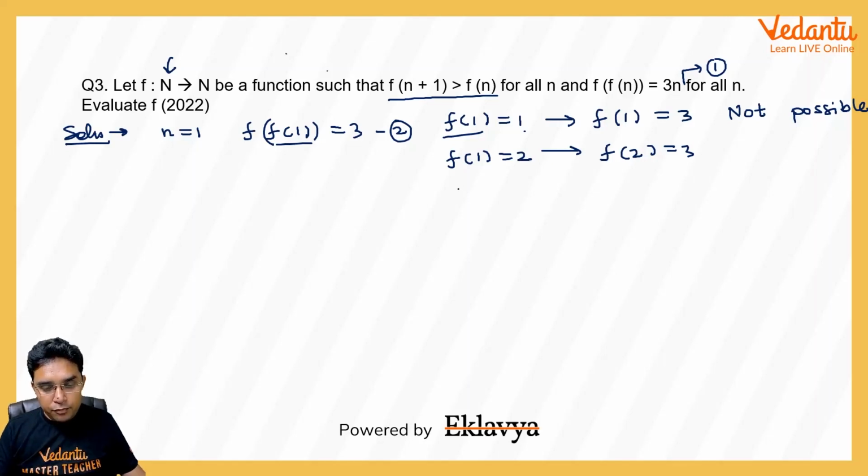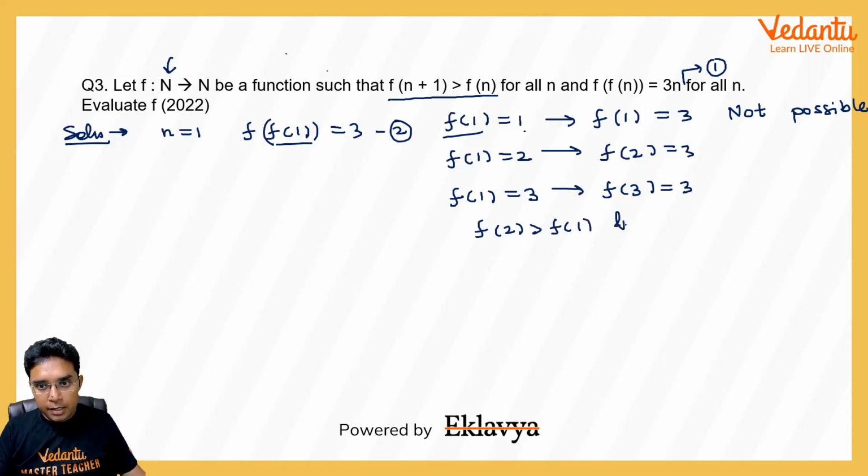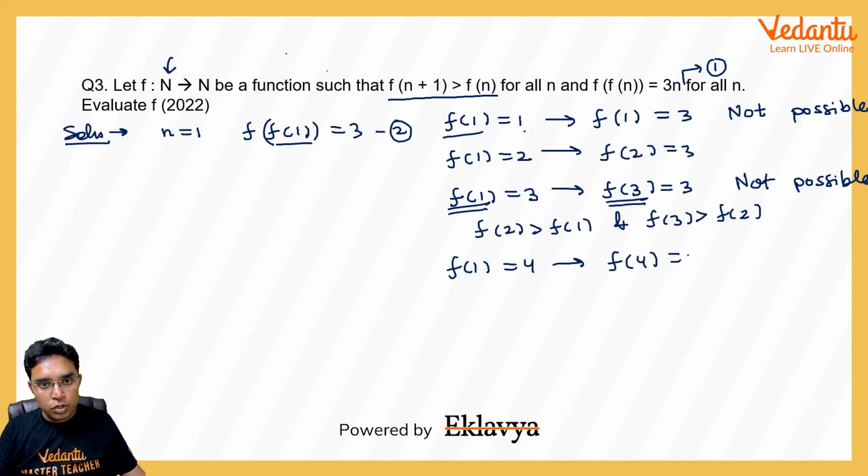But what if there are some more possibilities, like f1 equal to 3? Then I will get f of 3 is equal to 3. But as you can see, if f1 is 3, my f2 has to be greater than f1 and f3 has to be greater than f2. Then how is it possible that f1 and f3 become the same? So that is also not possible. In the same way it can be checked that if I take f1 equal to 4, then I will get f4 equal to 3.